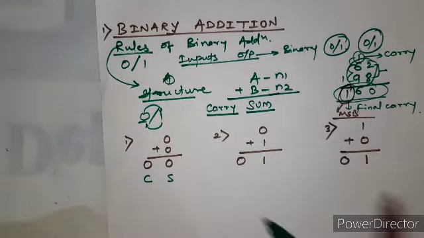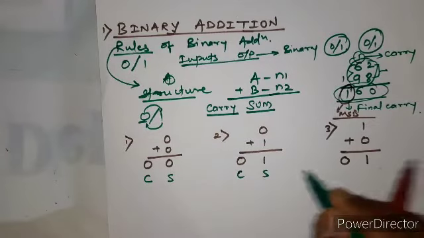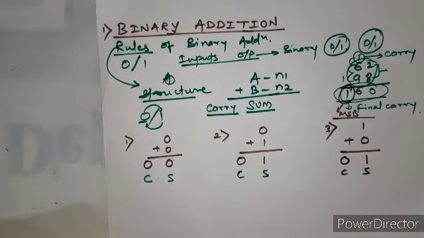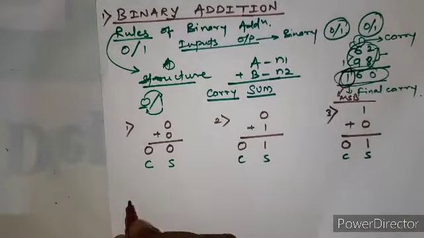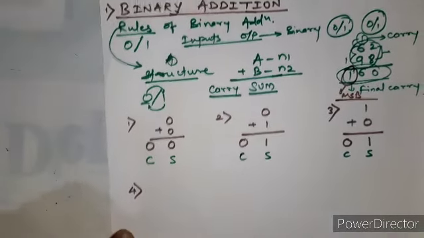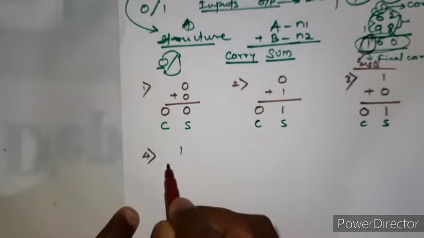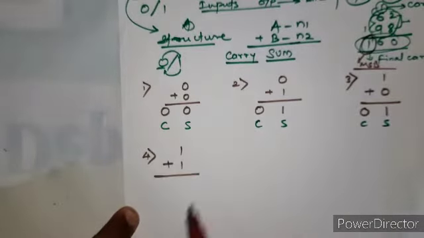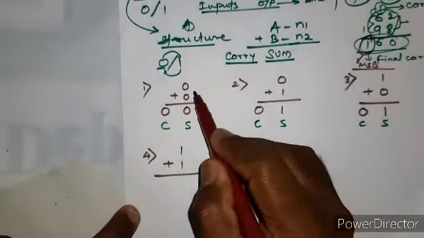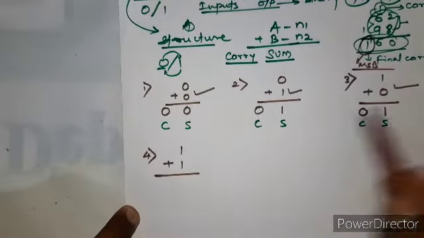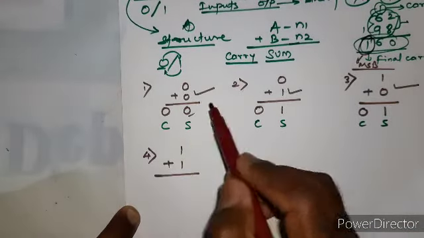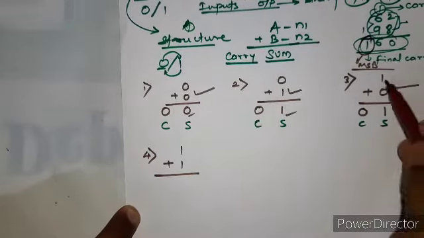Okay, so we can say this as carry, this as sum, this as carry, this as sum, right? Then fourth rule, now it is 1 plus 1. Now we are all the time familiar with this, all these three. 0 plus 0 is 0, 0 plus 1 is 1, 1 plus 0 is 1.